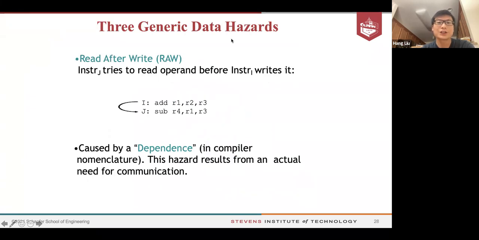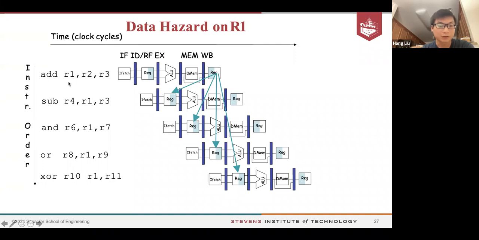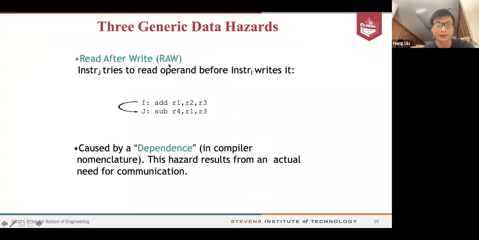There are 3 generic data hazards. First is read after write. That's what we mentioned here. Read after write, okay, this is a true dependency. Instruction J tries to read an operand or value before instruction I writes it, right?